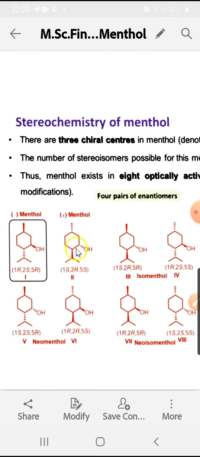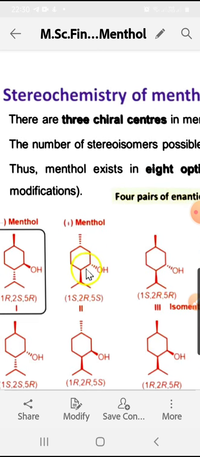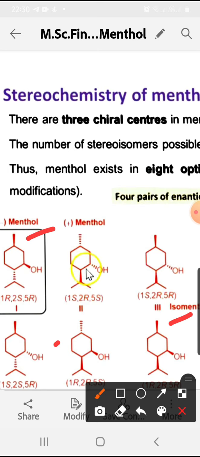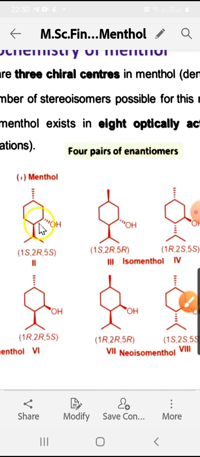In other words, we can say menthol exists in 4 pairs of enantiomers or 4 racemic modifications. And these are menthol, isomenthol, neomenthol and neoisomenthol.